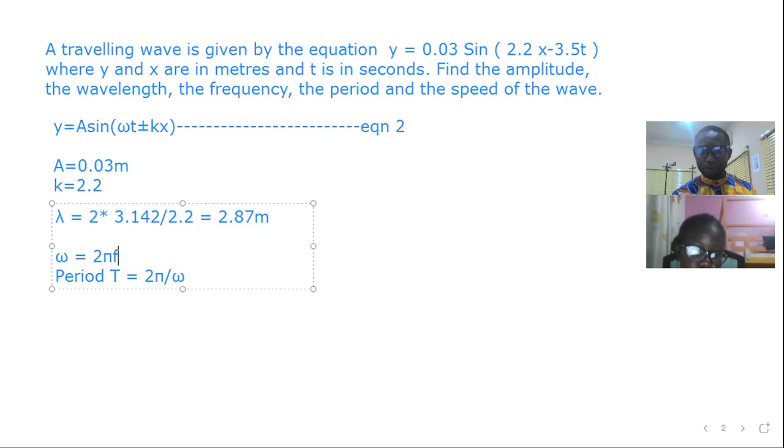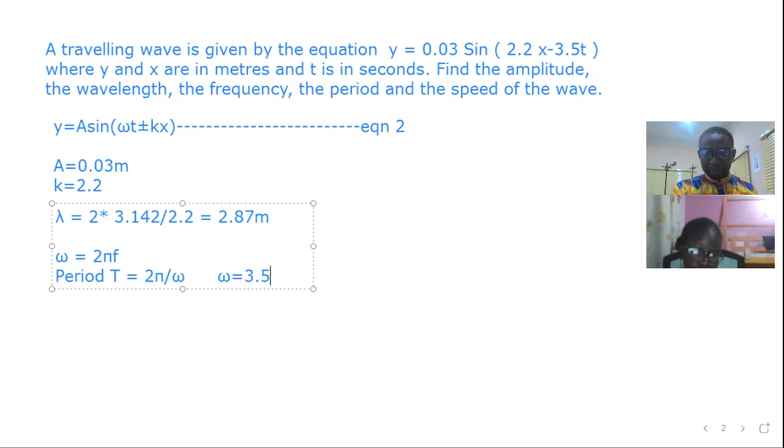Comparing equation 2 with the equation that was given to us, what's the angular velocity there? 3.5. Correct.